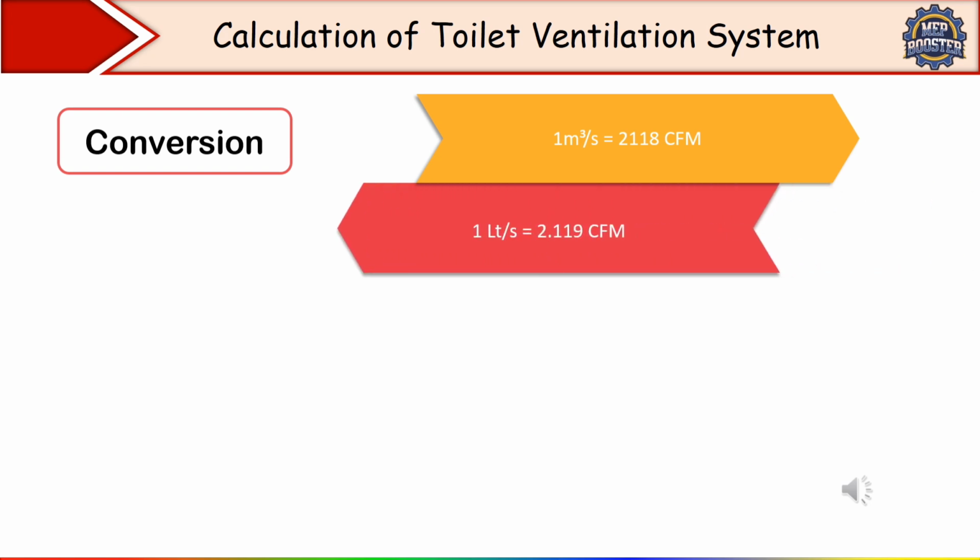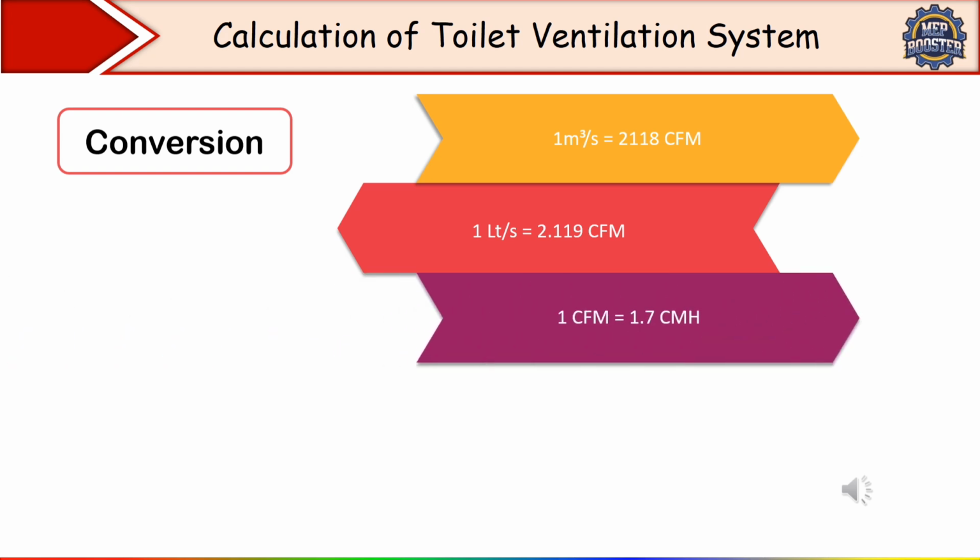And 1 liter per second is equal to 2.11 cfm. Correct. Now the third conversion: 1 cfm, meaning 1 cubic feet per minute, is equal to how many cmh, cubic meter per hour? 1 cubic feet per minute is equal to 1.7 cubic meter per hour.